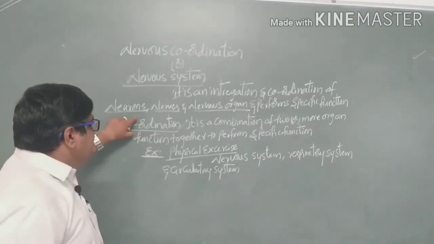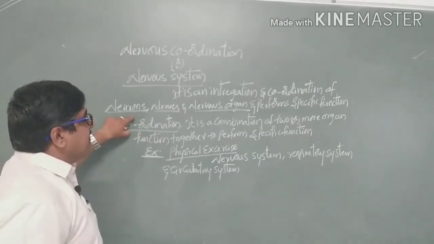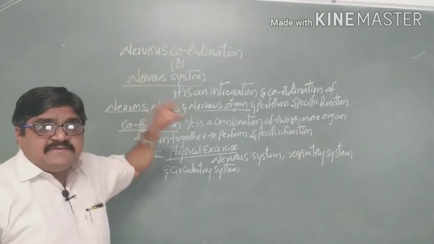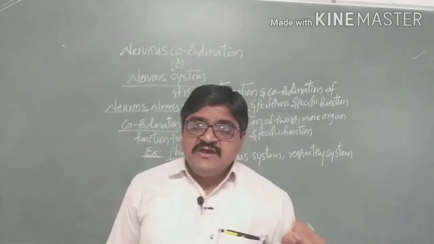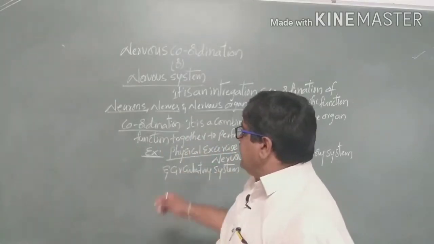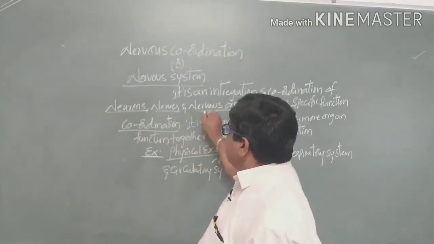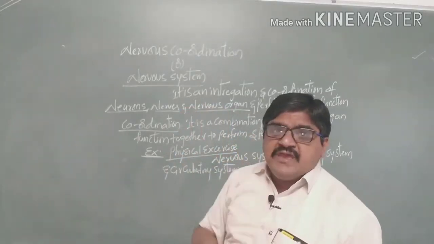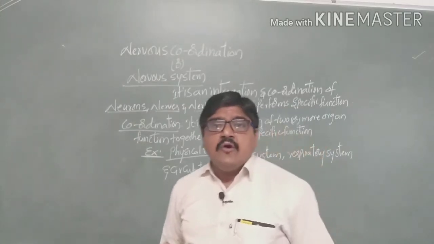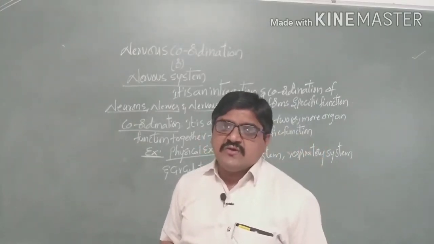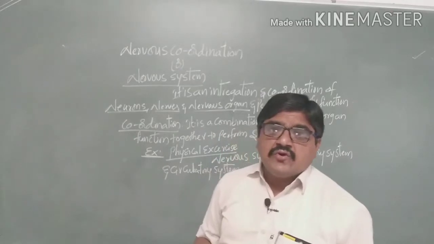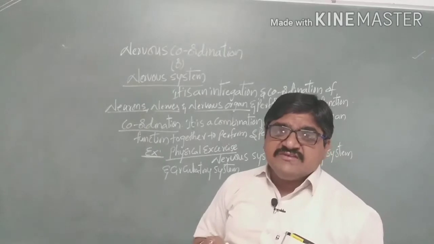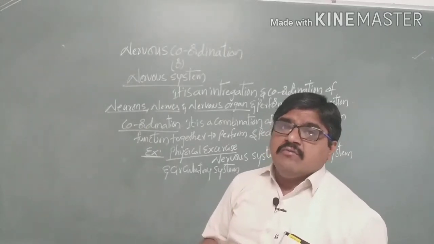When coordination takes place, integration also takes place, which helps a specific function to be carried out. That is mainly done by the neurons, nerves and nervous organs being stimulated, where this nervous system is also combined with chemical coordination, that means hormones. Together we call this neurochemical coordination, which takes place in our body.